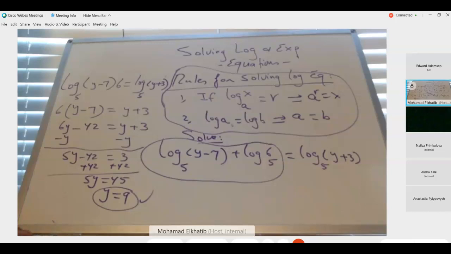So now you can go ahead and copy this as well because you're going to have one like this on your homework. All of these examples I'm showing you, I took pictures of them from your homework, but of course your problems will change the numbers around. So go ahead and copy it and let me know if you need any help. I need to show you one more, and then you guys should be ready to solve any log equation.